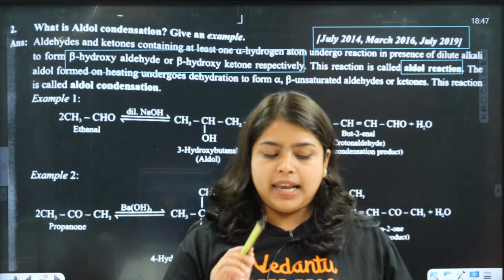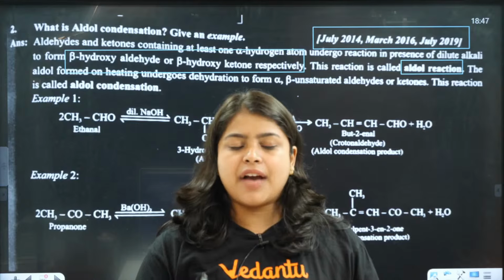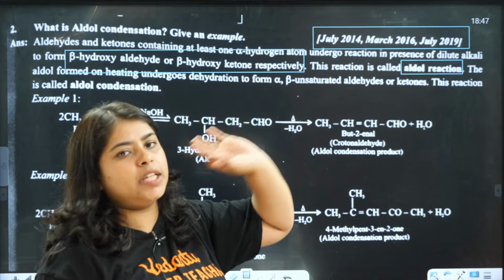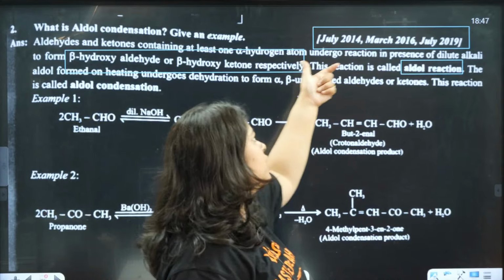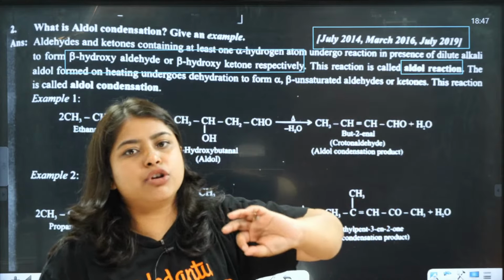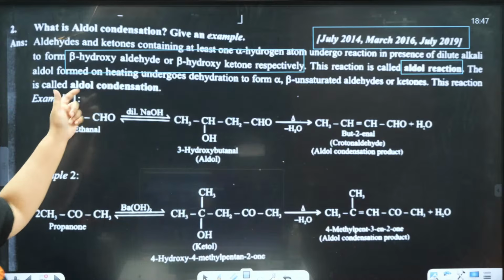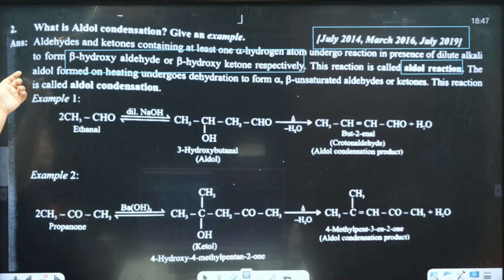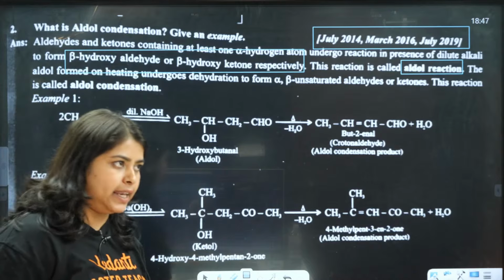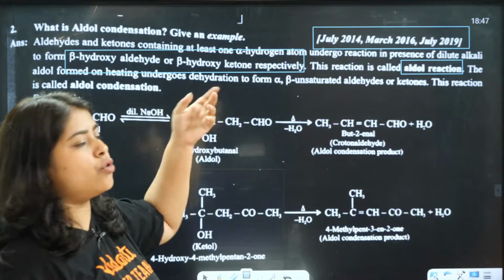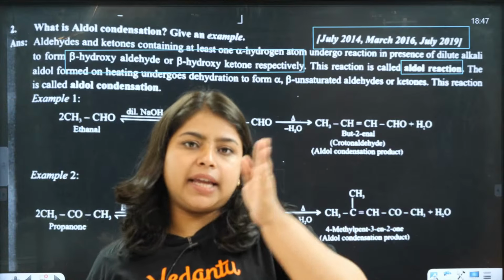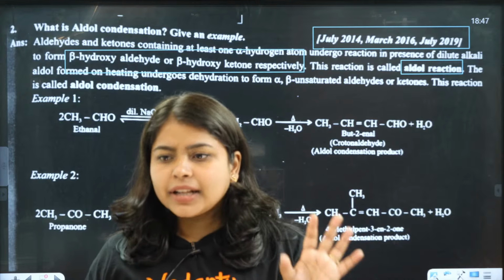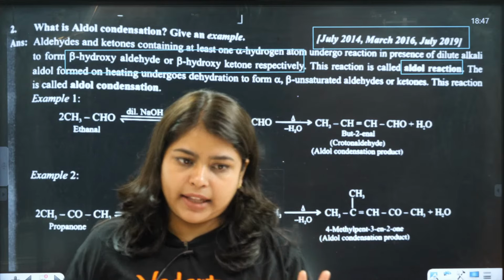So very simply, the aldehydes and ketones must have at least one alpha hydrogen, and they undergo the reaction in the presence of dilute alkali to form a beta hydroxy aldehyde or beta hydroxy ketone. Clear?